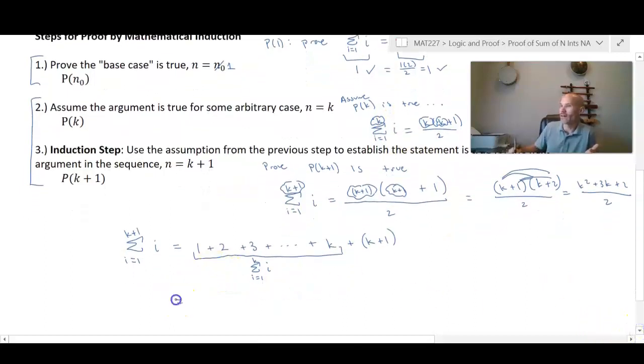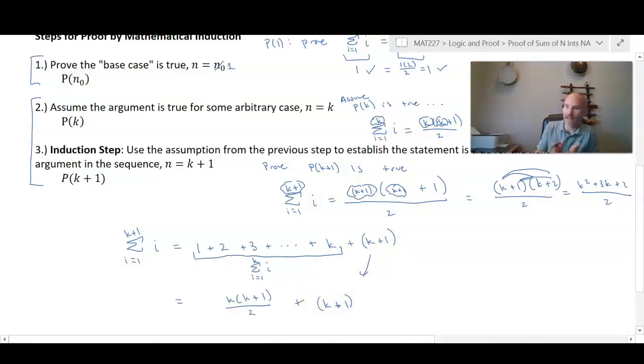I know that this summation here that we have underscored is equal to k times k plus 1 over 2. Okay, that whole thing right there that's underlined is equal to k times k plus 1 over 2. Why? Well, because we assumed that for some arbitrary k that our formula works. And then, of course, I have this term here that needs to get carried down, plus k plus 1.